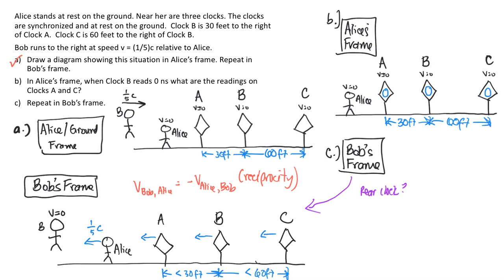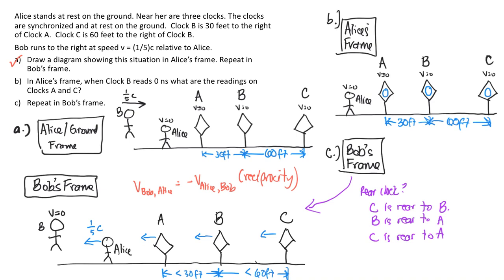The rear clock is the one that reaches Bob last. So A gets to Bob first, then B would get to Bob, and then C would get to Bob. So we would say that C is rear to B, but B is rear to A, and it's also the case that C is rear to A.